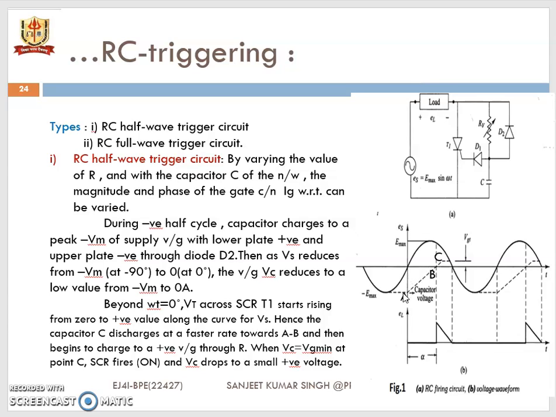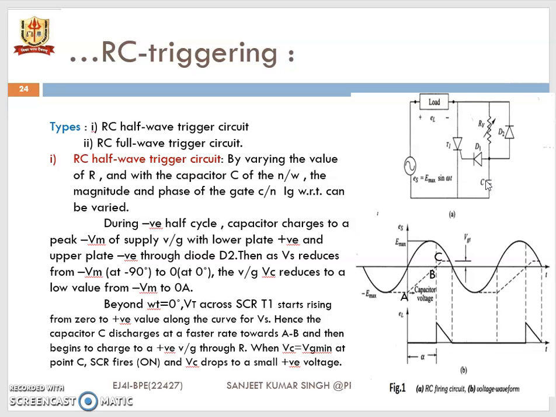As the negative supply goes on decreasing towards 0, the capacitor voltage also tries to decrease, and as the supply voltage moves from 0 to the positive side for the positive half cycle, the capacitor voltage is decreasing. Now this end is positive and this end is negative, so the voltage across the capacitor will first decrease to 0, and then it will charge with the upper plate positive and lower plate negative.